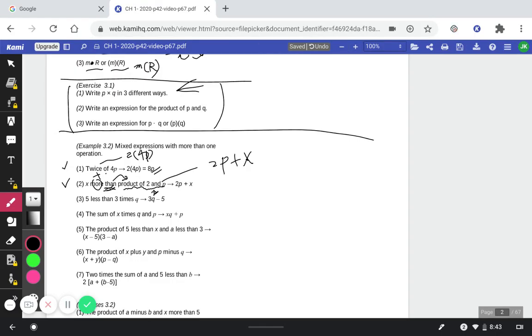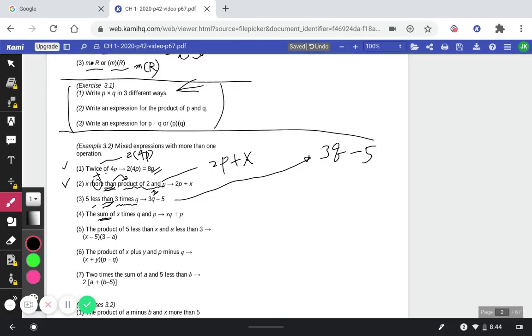Number 3, 5 less than, so you have "than" again. So what's coming after "than"? You have 3q coming after "than," and less means minus, and 5. Does everybody get this? Number 4, sum of x times q and p.